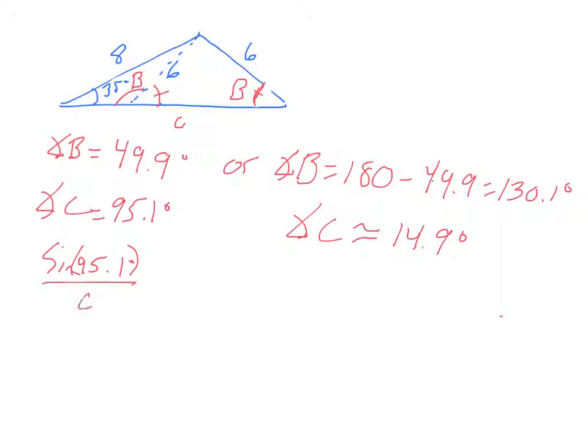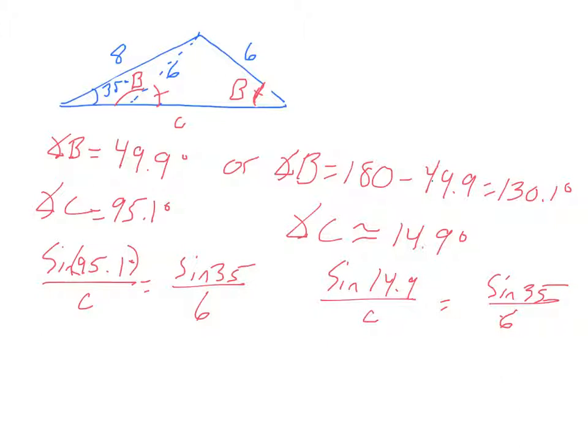So that over C will equal sine of 35 over 6, right? Or sine of 14.9 over C will equal sine of 35 over 6.